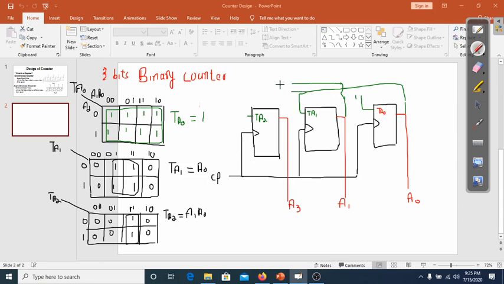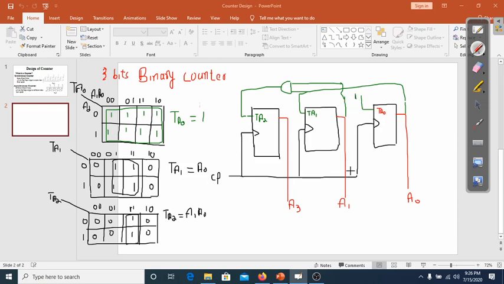So I will add these outputs, and it would be the input of TA2. So TA naught is always 1.